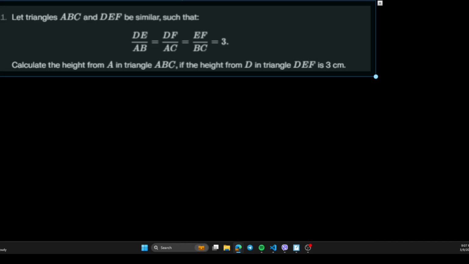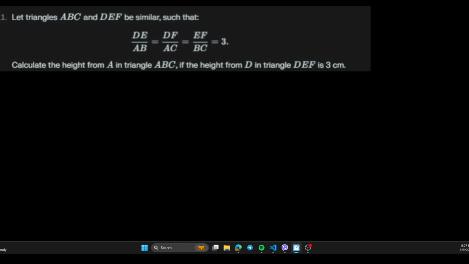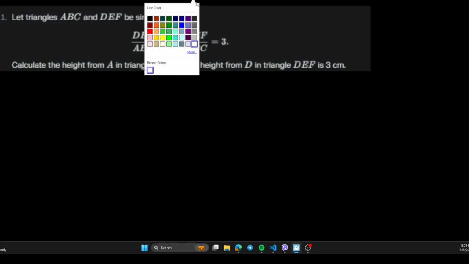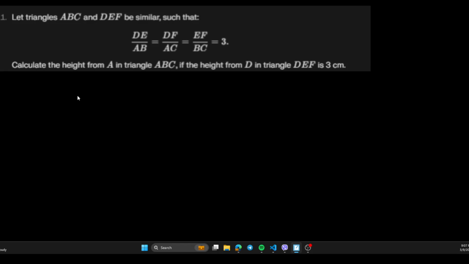Okay, so the first exercise is about triangles. Try to do it. Calculate the height from A in triangle ABC if the height from D in triangle DEF is 3 centimeters. Start from the basics. You know the triangles ABC and DEF are similar, right?